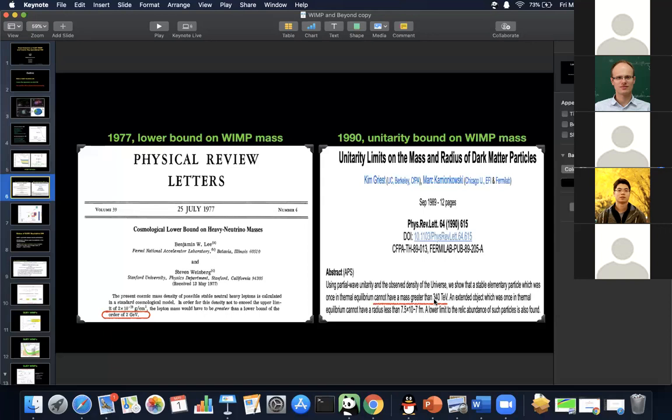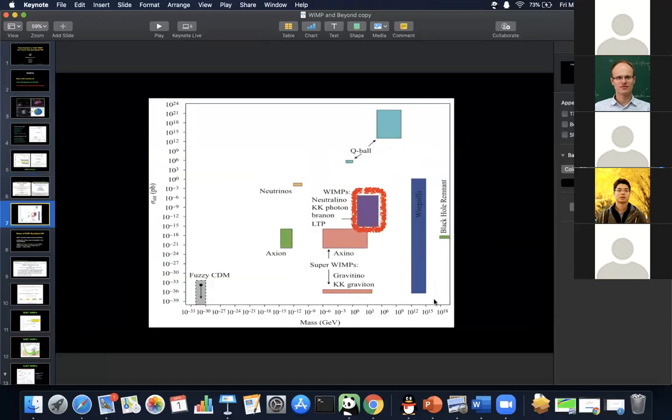It is a very large mass range. In this picture, which I think has been shown many times in other talks, we can see the dark matter can have a very broad mass range. This is the WIMP, which has been discussed heavily, and there are also other candidates, for example the axino, gravitino, and also the fuzzy dark matter, axion.